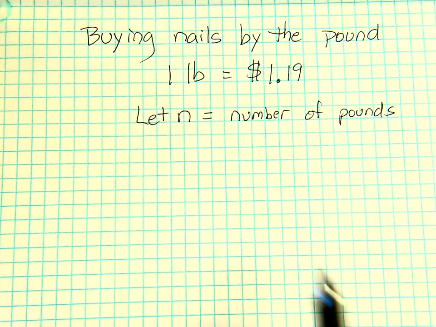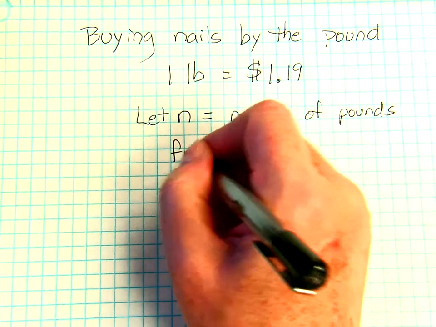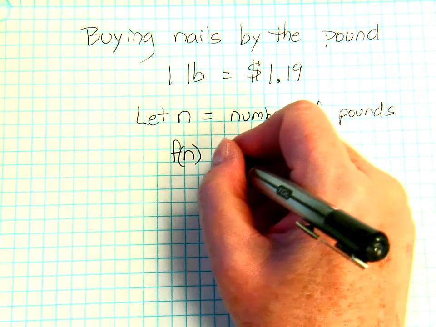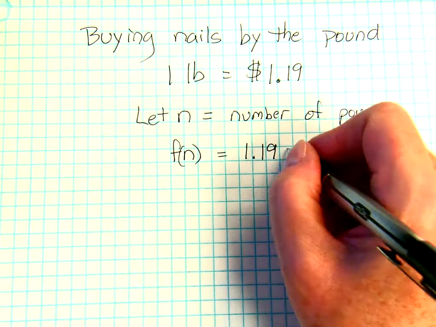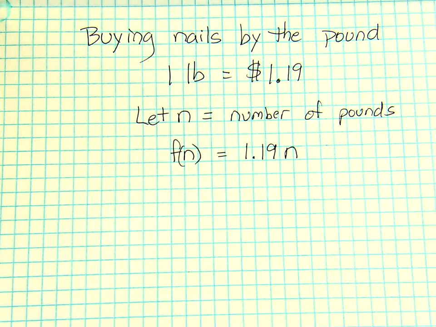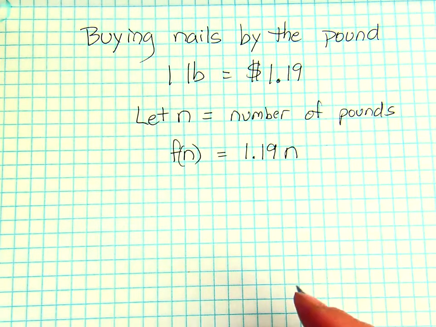We don't know how many pounds. We know that 1 pound is $1.19. So the function of n, the function of the number of pounds, is equal to $1.19 n. Okay, so now we have our function.